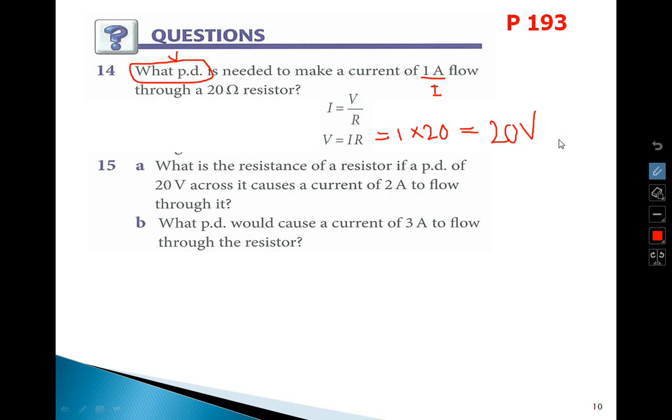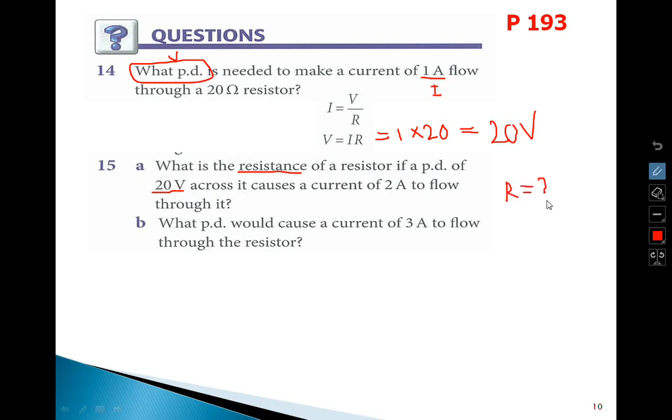Okay, question number 15, section A. What is the resistance of a resistor? What's the value of R? The PD is now different.